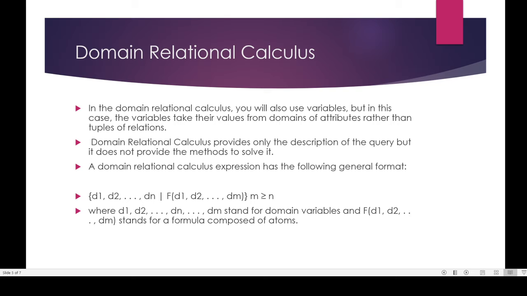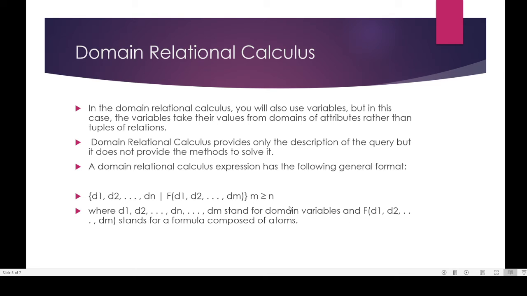The format is {<d1, d2, ..., dn> | F(d1, d2, ..., dm)}, where m is greater than or equal to n, d1, d2, ..., dn and dm stand for the domain variables, and F(d1, d2, ..., dm) stands for the formula composed of atoms.